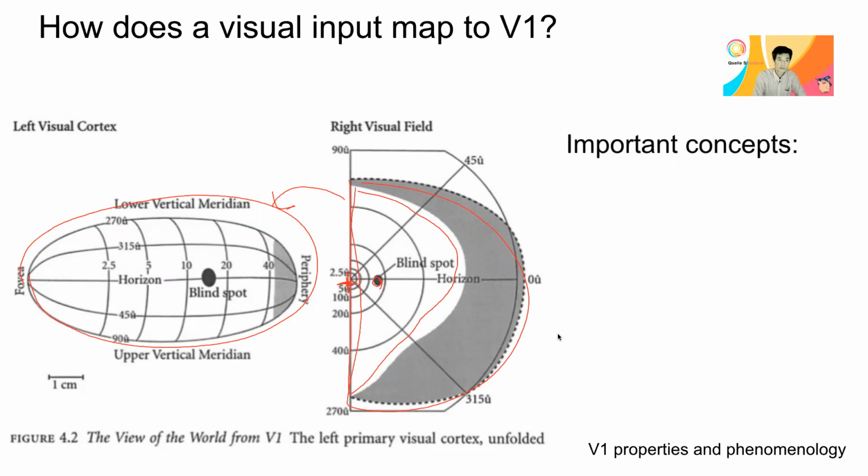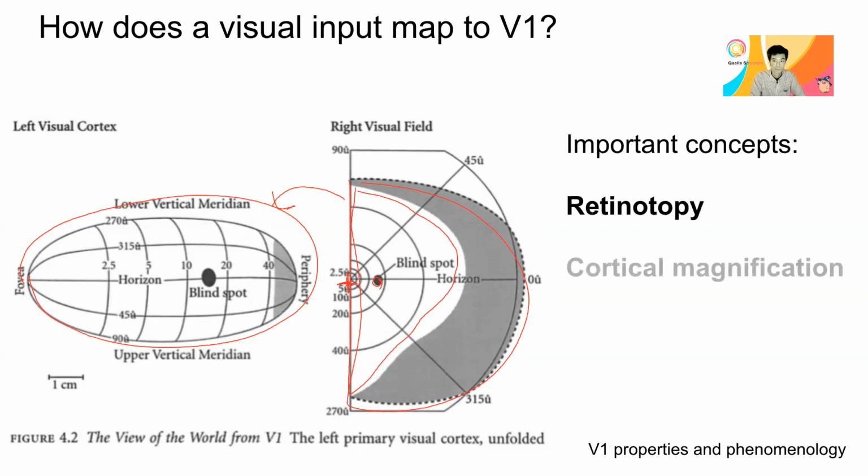And here the important concept is retinotopy. What it means is that the retinal topographic organization is preserved in the visual cortex. Topography means that if something is close to another thing, then its distance relationship is preserved after the mapping. That's probably enough definition for now.